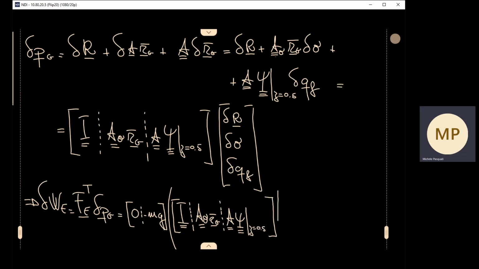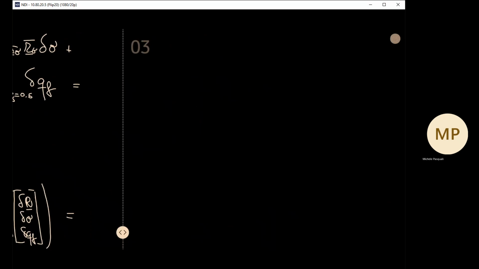All of this to be multiplied times delta R, delta theta, delta QF. And this must be equal to what we have already seen.